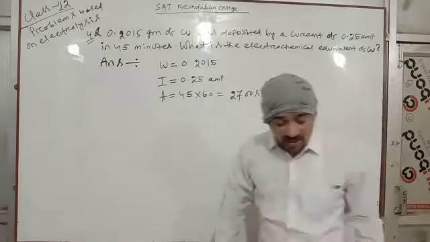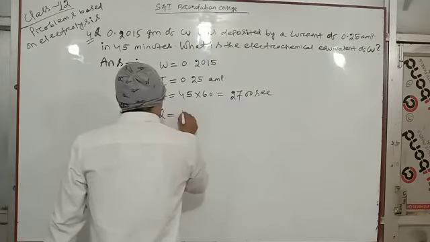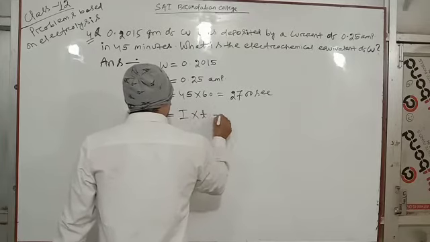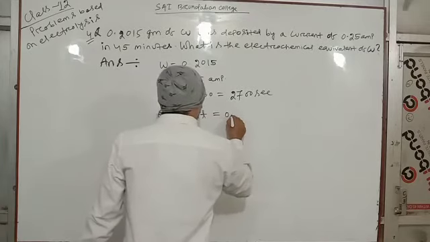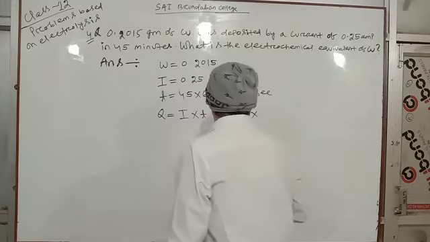So Q equal to how much? Q equal to I into T, which is 0.25 into time.